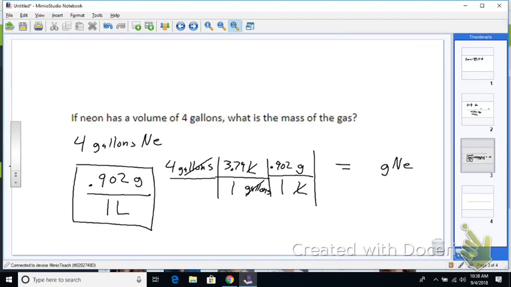So all it is, is including a density and a conversion that you're going all the way through like we've been doing. So it shouldn't be too much of a stretch to have you guys start plugging that in. So it's 3.79 times 4.